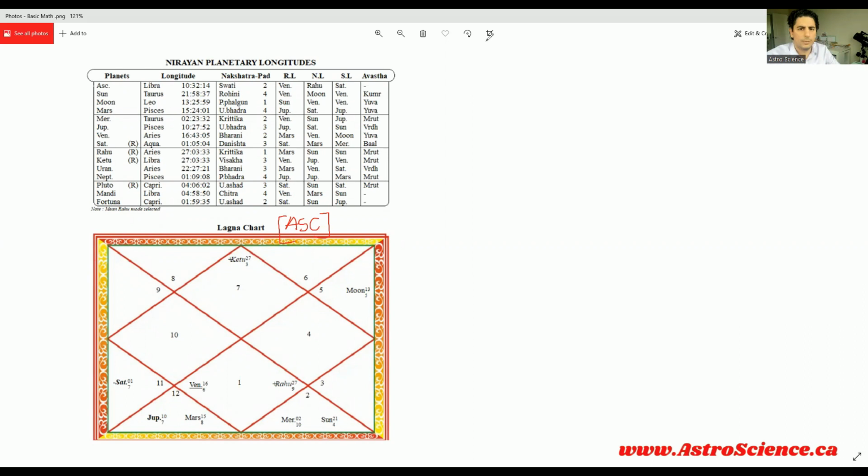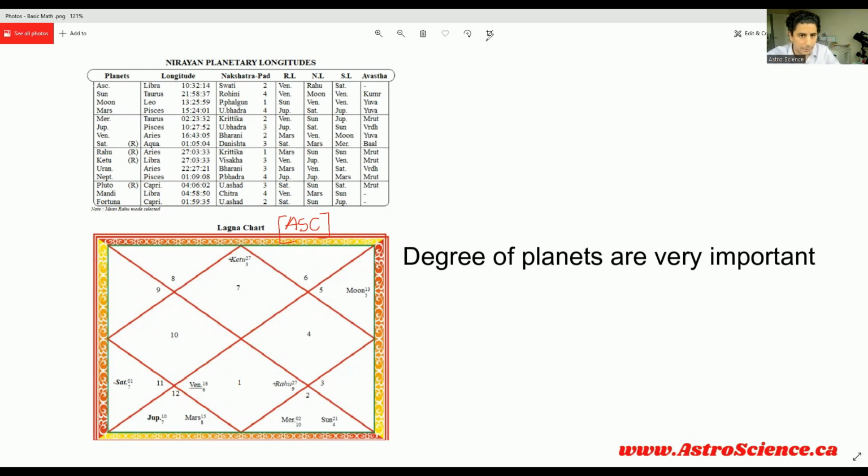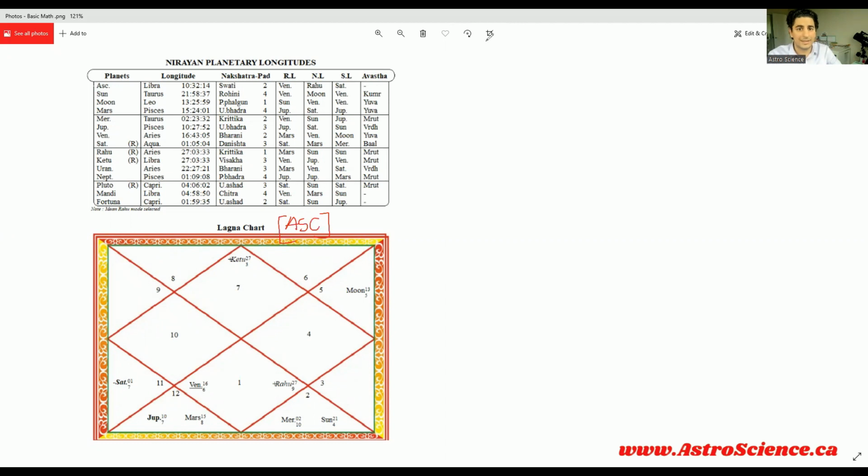One thing I always tell in all my live sessions and videos is that the degrees of planets are very important, because a lot of people check the kundli, the birth chart, but they don't consider the degrees. Degrees are very, very important because that's the actual position of the planet in the sky. And for the ascendant, that's the exact start of the ascendant.